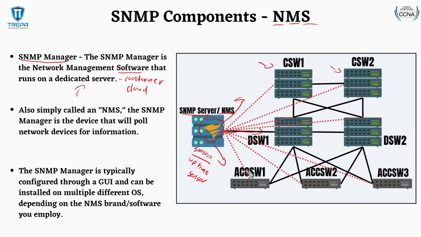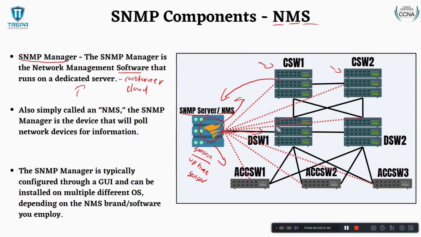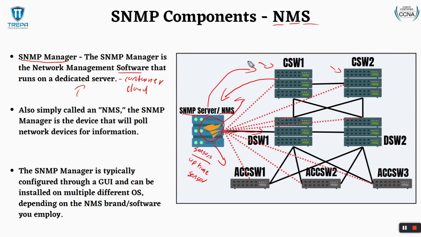So even though this is called the SNMP Manager, the network management server, typically in a client-server architecture, our client is the one reaching out for information on the server. But in this environment, it's actually kind of opposite, where this server is reaching out to all of our clients or SNMP agents asking for information about them.